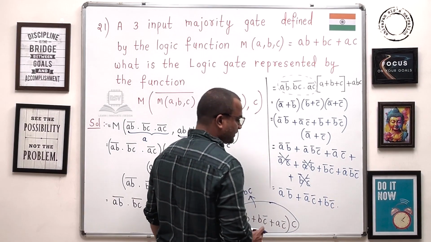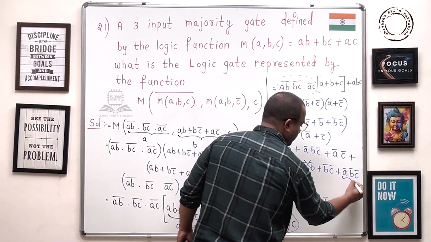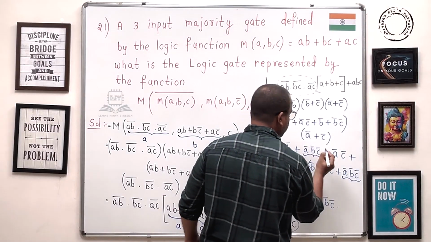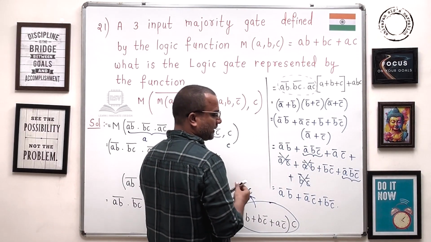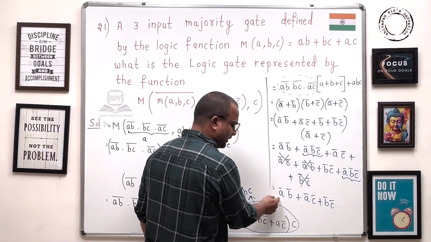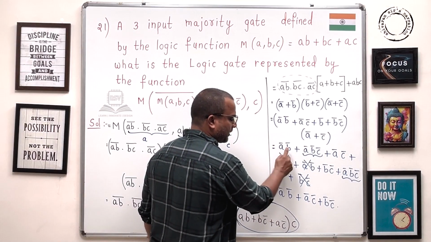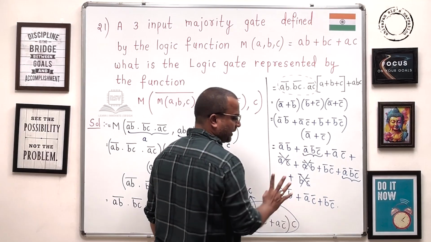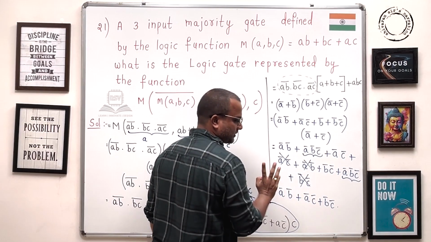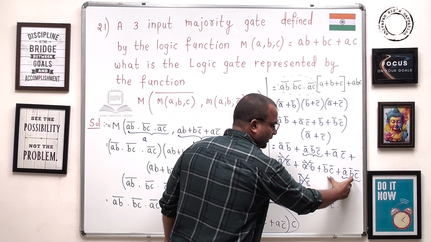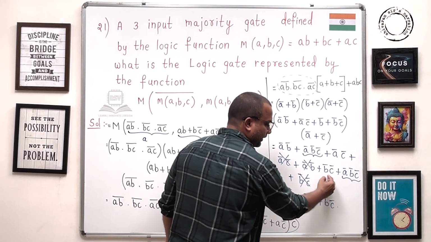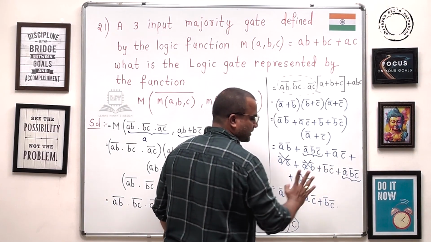And even guys here, this particular A bar B bar C bar, A bar B bar C bar, what you can consider, you take A bar B bar common into 1 plus C bar, right? So this also gets vanished. And you take these two, you take B bar C bar common, then 1 plus A bar, right? It gets vanished.